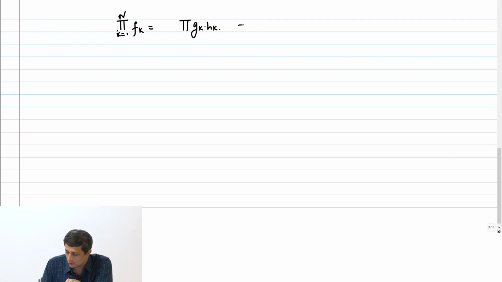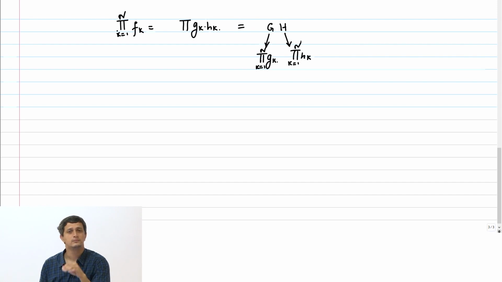So I am going to write this as a product of G into H, where G is the product of gk, k equals 1 to n, and H is the product of hk.